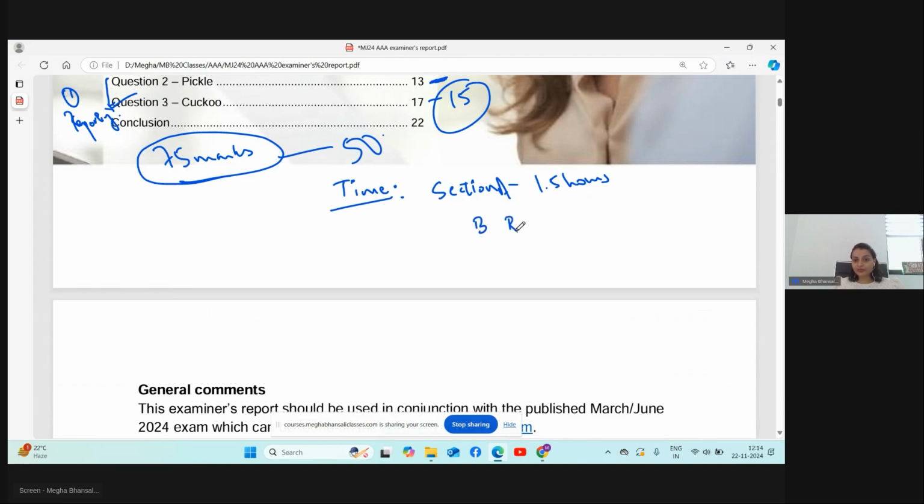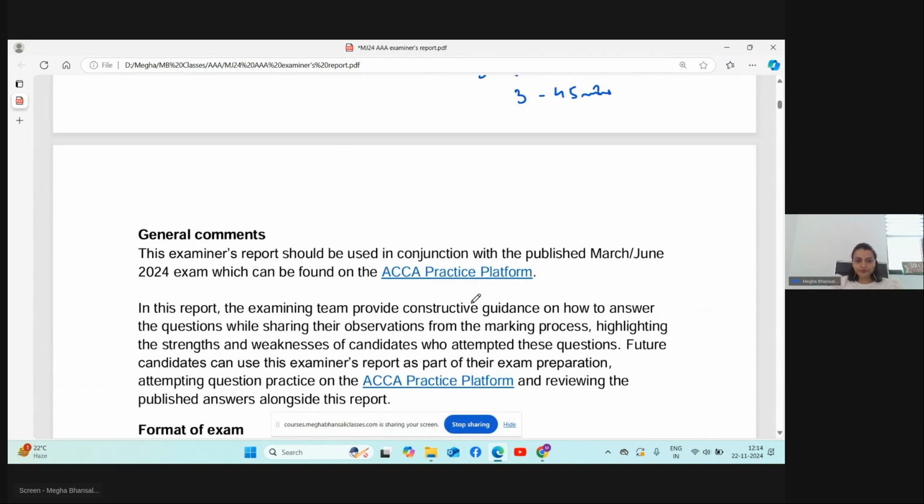Then your section B reporting question, 45 minutes, and your third question, you can spend 45 minutes. This way you will be able to complete your paper. You have to practice this question really well so that you can finish it in 1.5 hours. That's one way to manage your time.